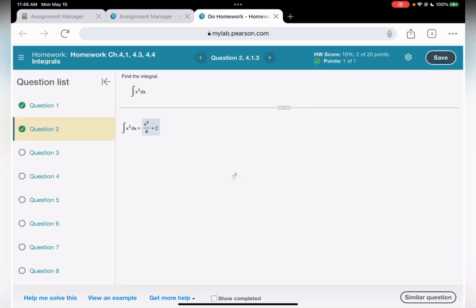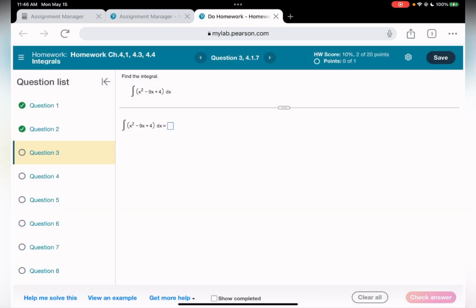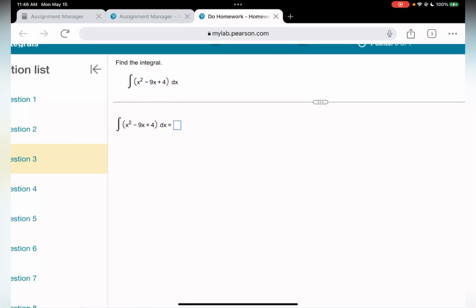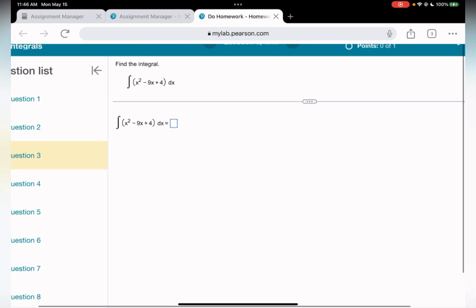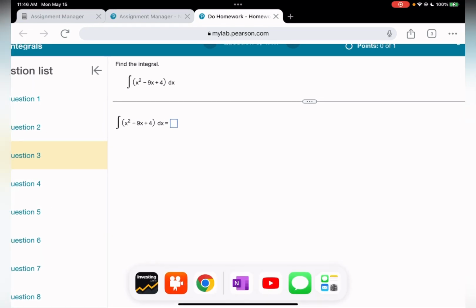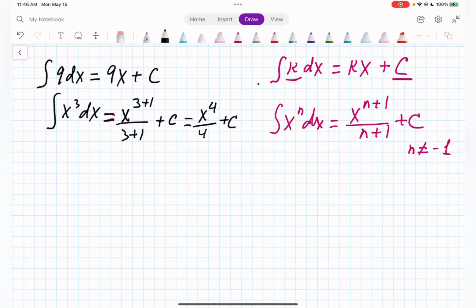Excellent. Okay, moving to question number 3. So what we are going to have here is x squared minus 9x plus 4. Okay, let me write it down. X squared minus 9x plus 4 and dx.